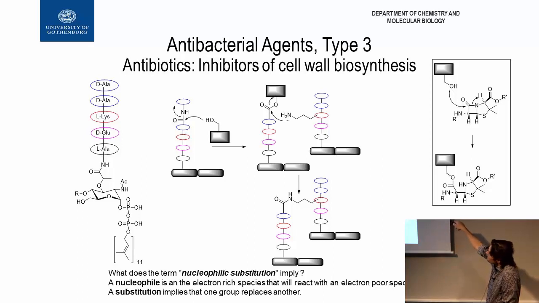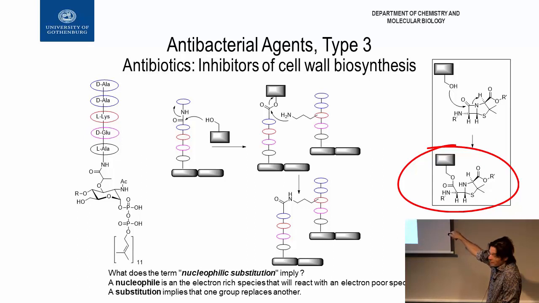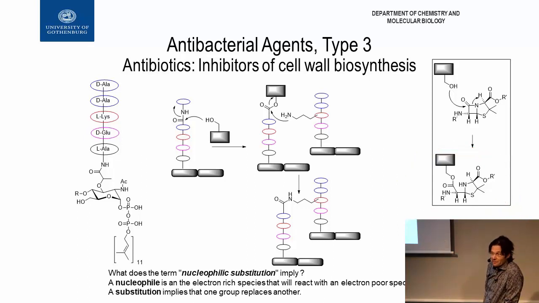And therefore it attacks it. And the result is that the structure here opens up, but it means the antibiotic is now covalently attached to the enzyme. If I catch all the enzyme in this form, it means I have no more enzymes left to make the iron in my cell wall. So I'm killing the bacteria that way.